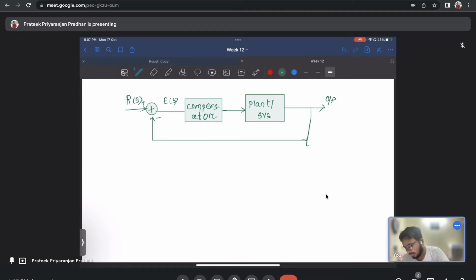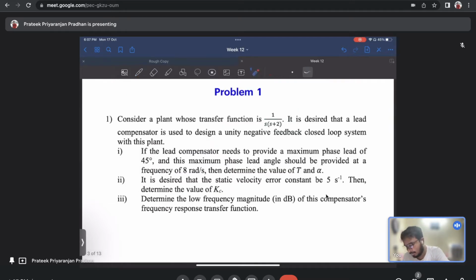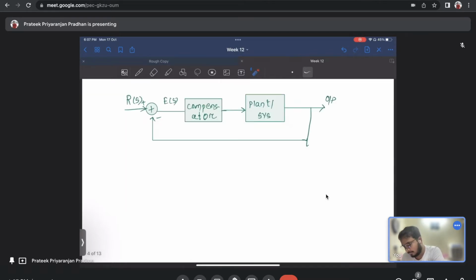Now, coming to the question, I will denote some names. This is P of S, this is C of S, and the whole thing, let's call it G of S, the open loop transfer function.